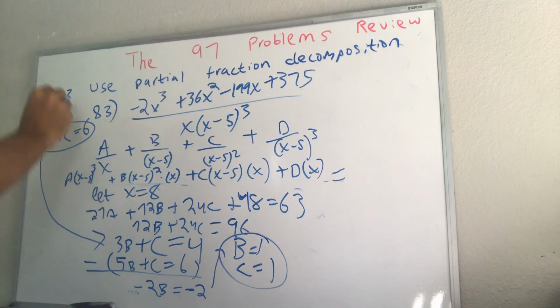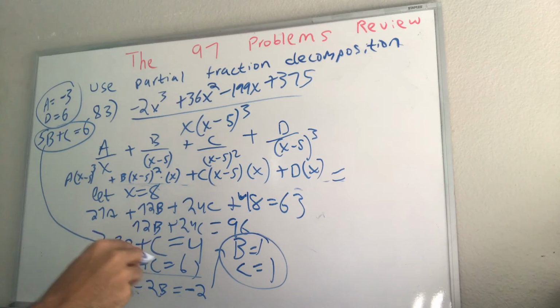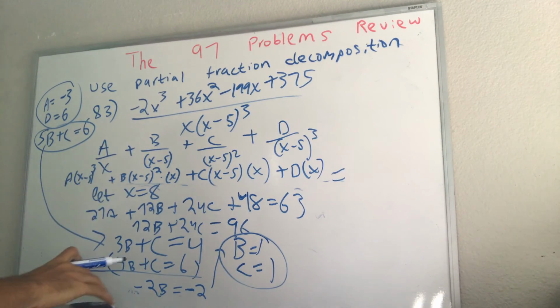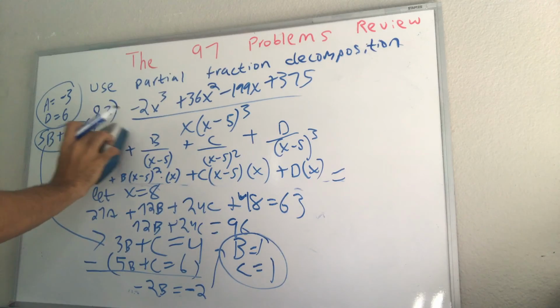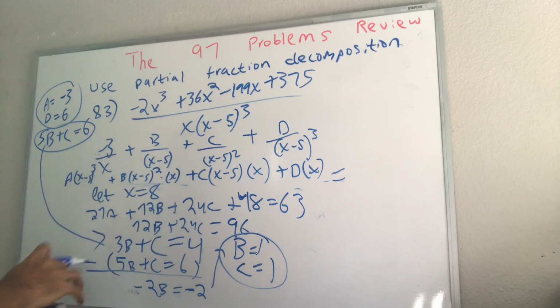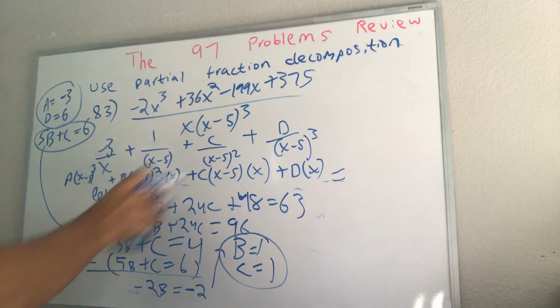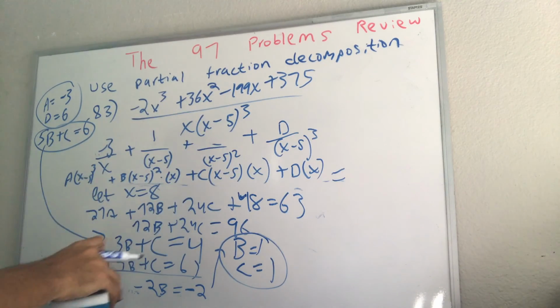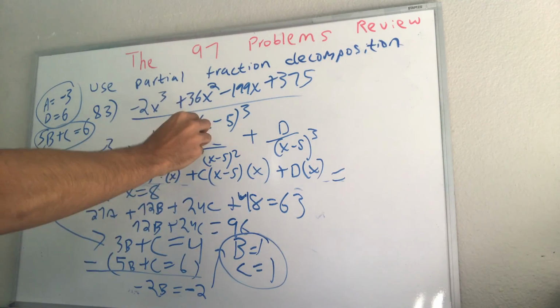So you have your a value, your d value, your b value, your c value, right? So your final answer to this problem is, well, you know a is negative 3, right? So you can write negative 3 here. You know your value for b is positive 1. And then you know the value for c is also positive 1.